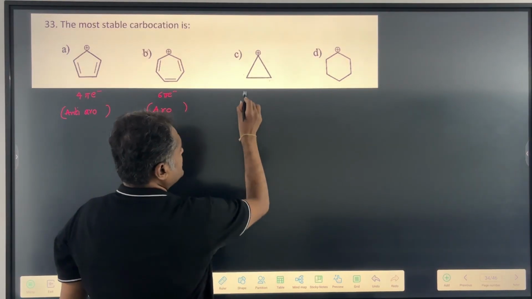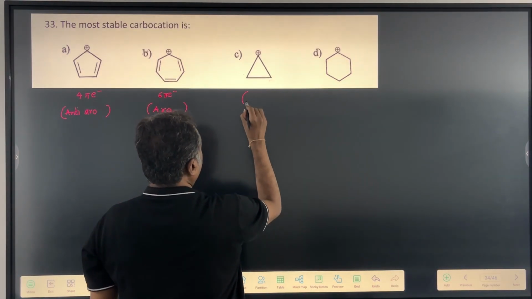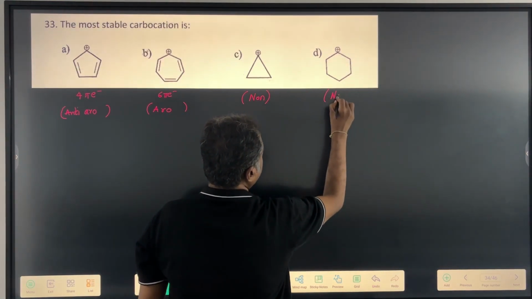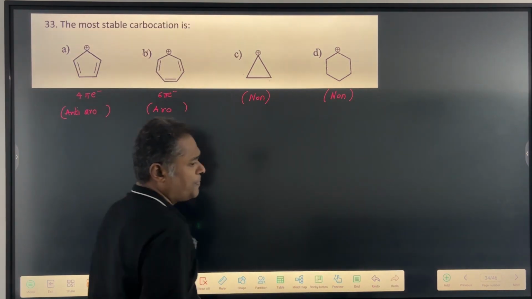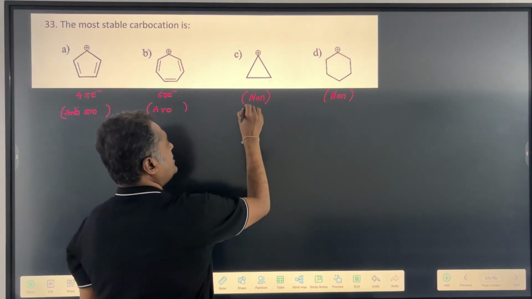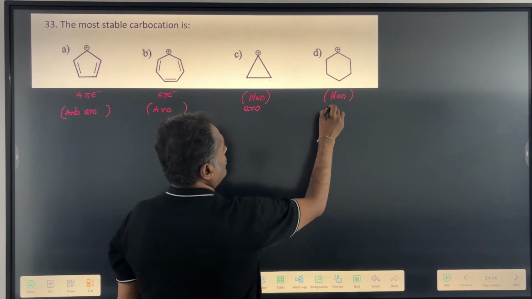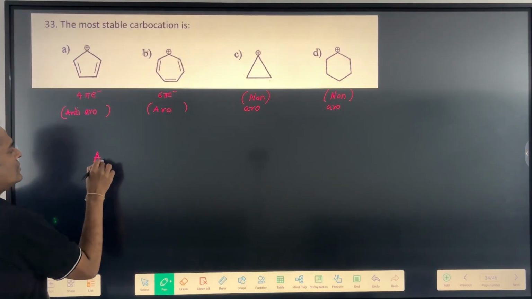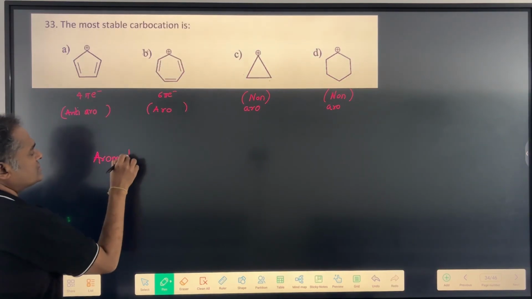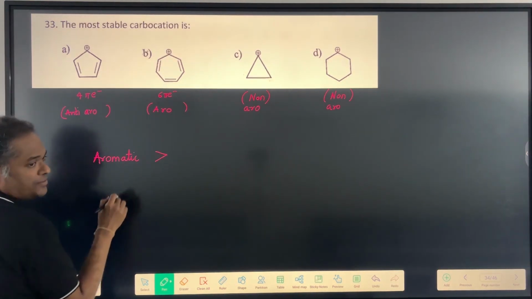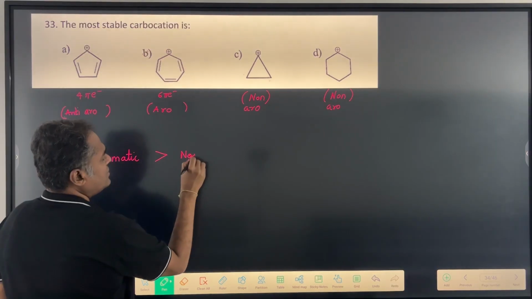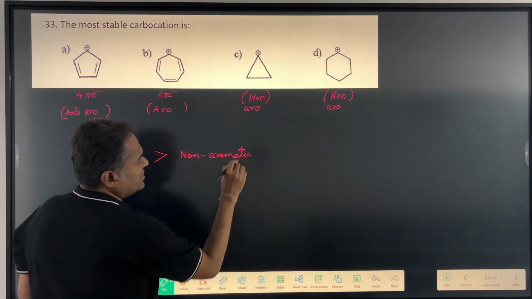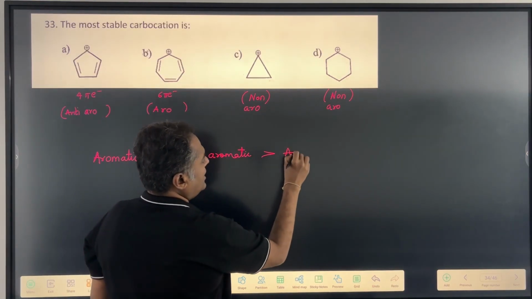Whereas both these examples come under non-aromatic. Before we start anything, you should know one basic order: aromatic is more stable than non-aromatic, and non-aromatics are more stable than anti-aromatic.